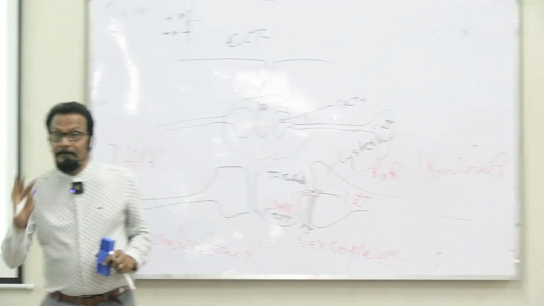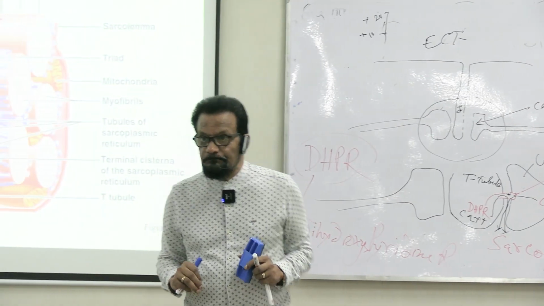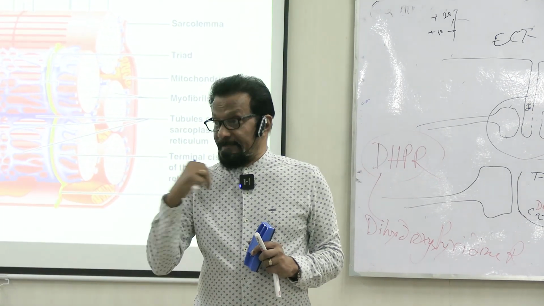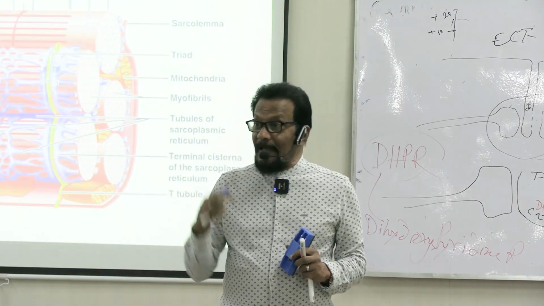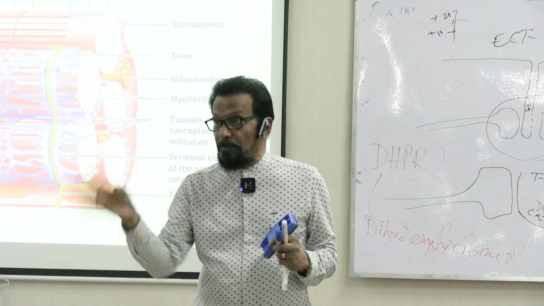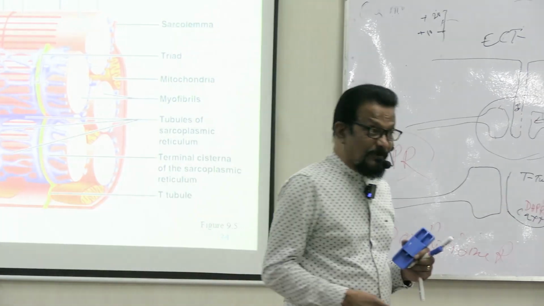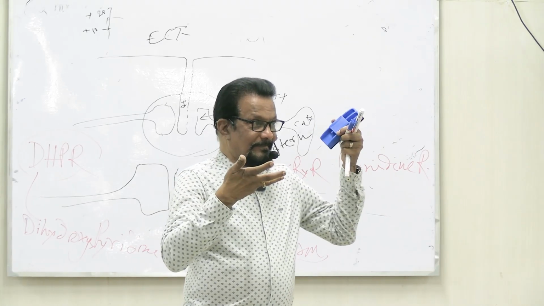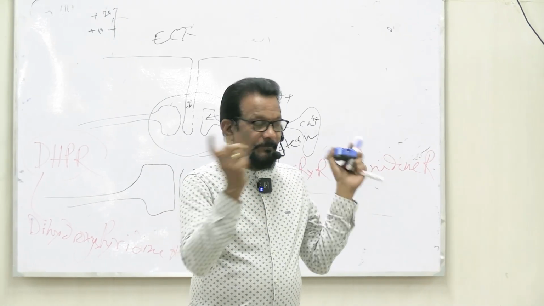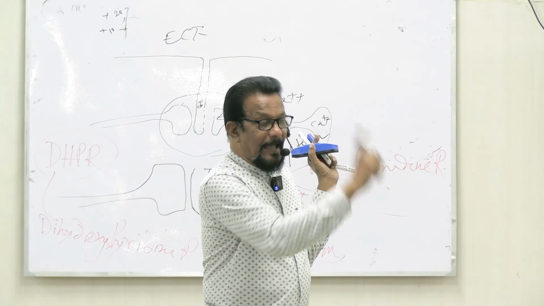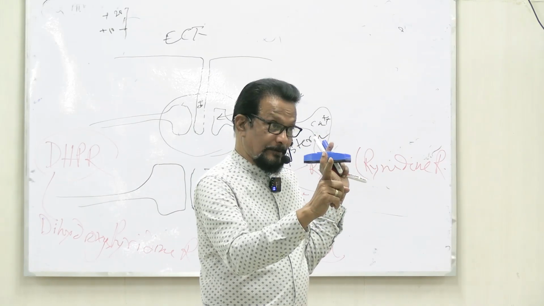There are 3 more receptor channels. With the rest of the 3 channels, what will be their function? Reuptake of calcium again into the sarcotubular system and into the endoplasmic reticulum.